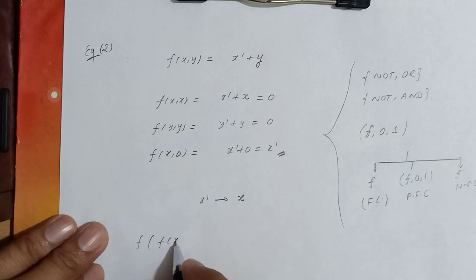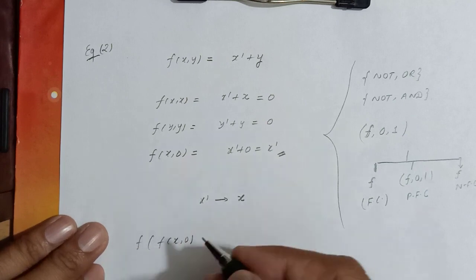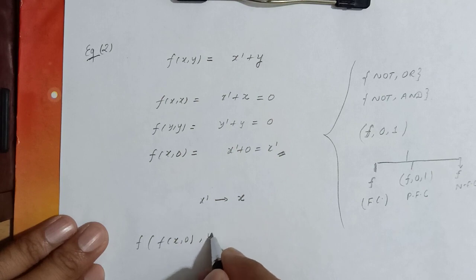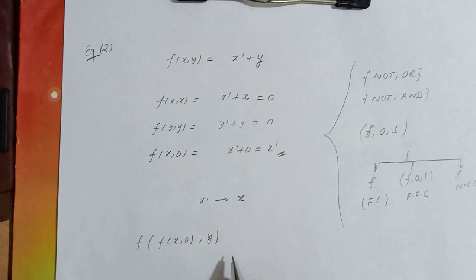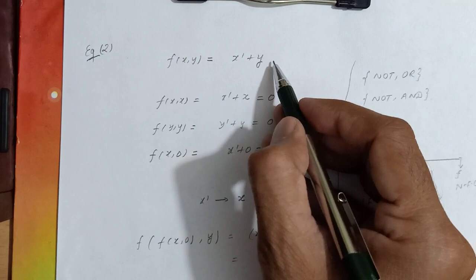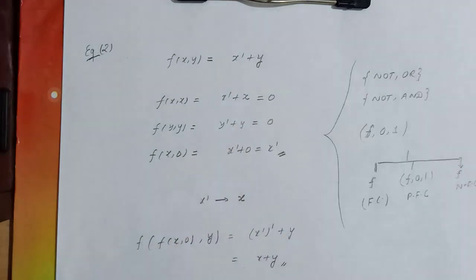F of x comma 0 will give x dash, and then we are taking y. Okay, so it will give x dash dash plus y, which is x plus y.